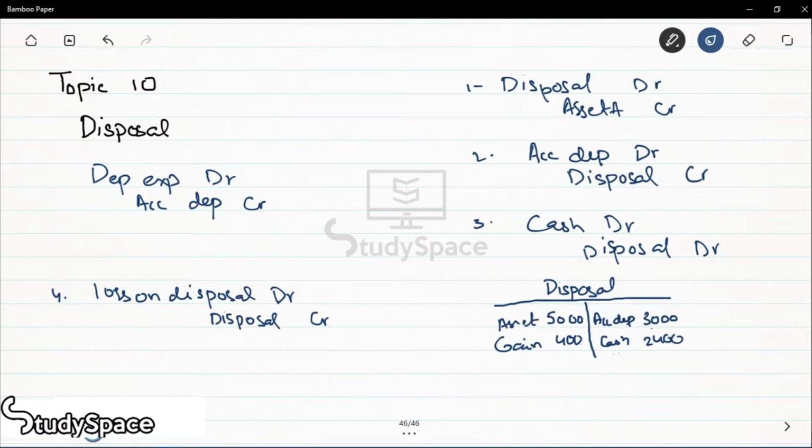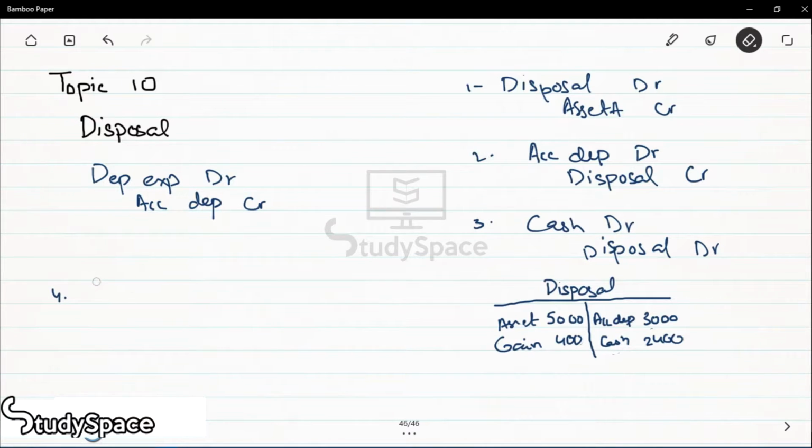So this gain would be recorded here by just changing the entry to its opposite, which would be disposal debit and our gain would be credited in our income statement.